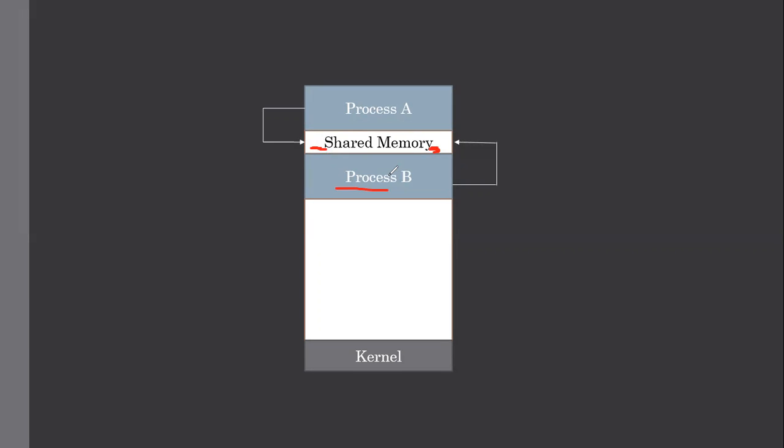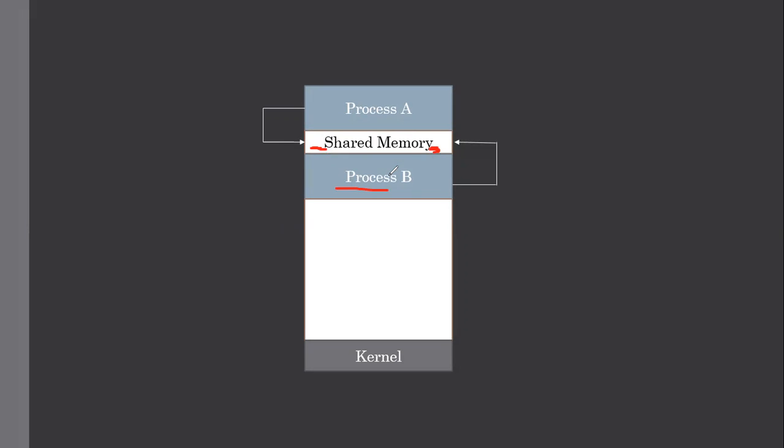Now, we all know that there is a restriction that normally the operating system tries to prevent one process from accessing other process memory. So shared memory requires that two or more processes agree to remove this restriction, because if there is that restriction, then obviously process B cannot write in that memory region if it is attached with process A's address space.